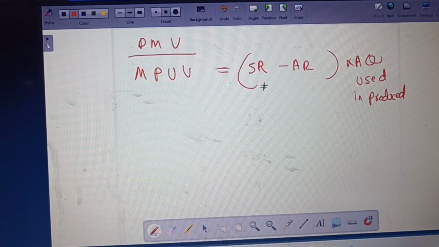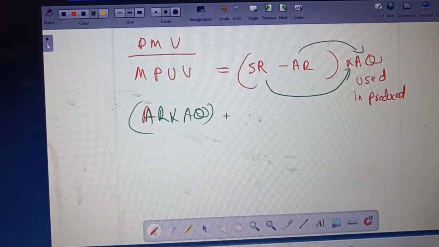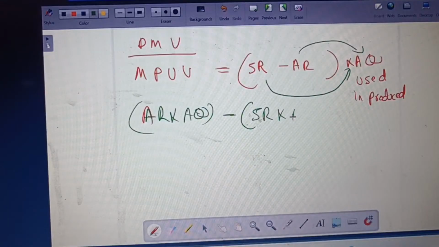When we expand this formula, it is between this and this: actual rate multiplied by actual quantity, minus standard rate multiplied by actual quantity, right? This is the expansion of the formula.